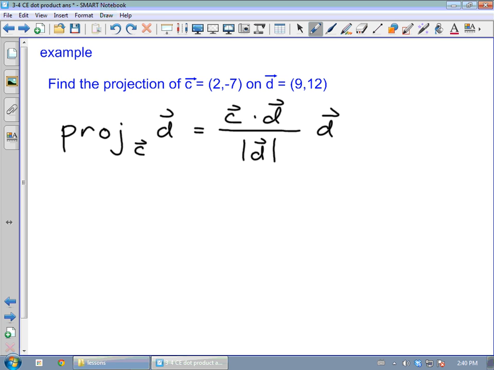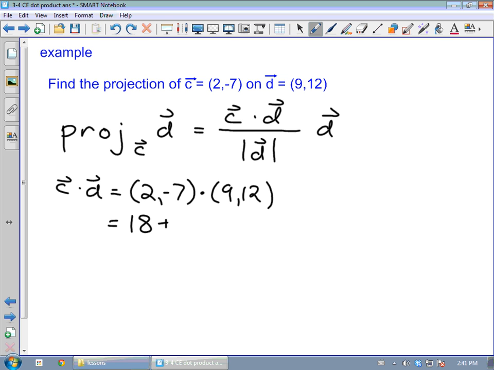And we could just work out what each of the parts of this formula are separately. We can say, all right, I want C dot D up here, so let's work out C dot D. Well, that's going to be (2, -7) dotted with (9, 12). We'll multiply our x components. 2 times 9 is 18, plus -7 times 12, which is -84. And 18 plus -84 is going to give us -66.